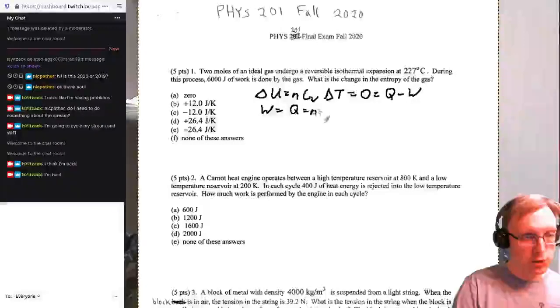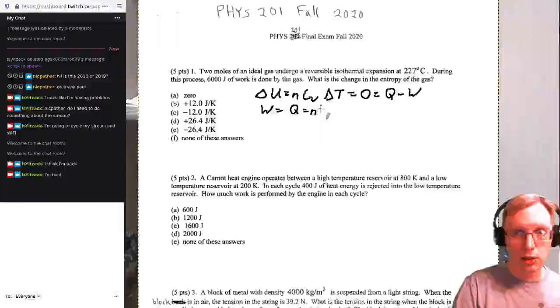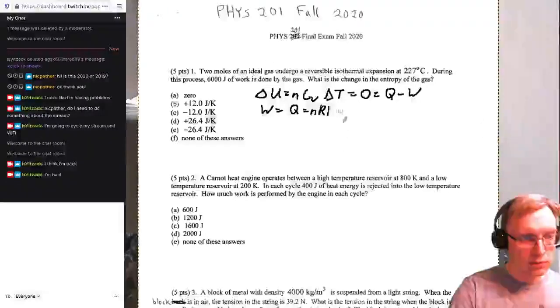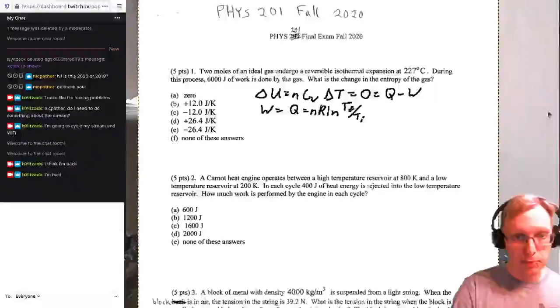That is equal to n, let's see here, n R log, natural log specifically, of T final over T initial. Let me double check, make sure I got that right. I think that's correct.